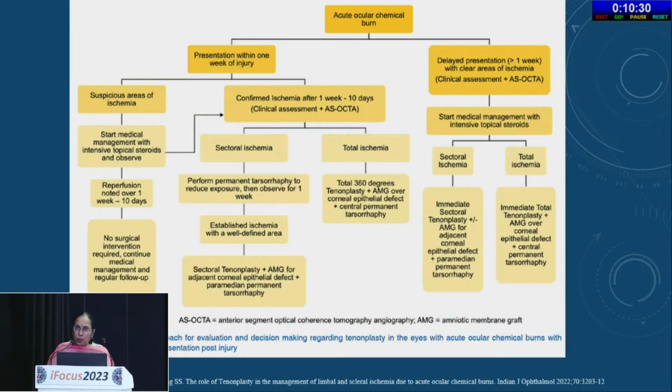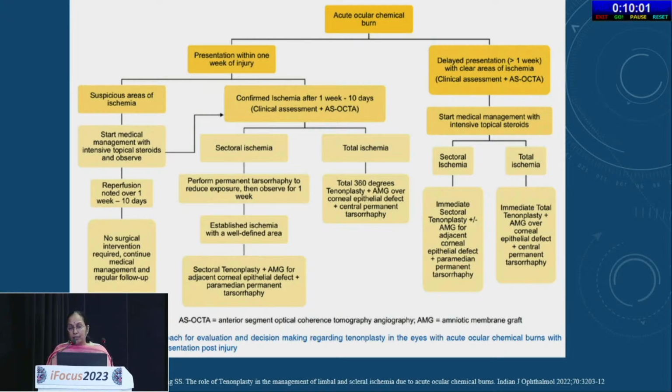If it is grade 1, grade 2, it is important to follow up the patient every 2nd, 3rd day. You keep documenting the epithelial defect. If it is healing, continue the same treatment. If it is not healing by the 3rd to 6th day, then you might consider amniotic membrane graft. If there is sectoral ischemia, tarsorrhaphy, tenonplasty, and for total ischemia, tenonplasty with amniotic membrane graft.